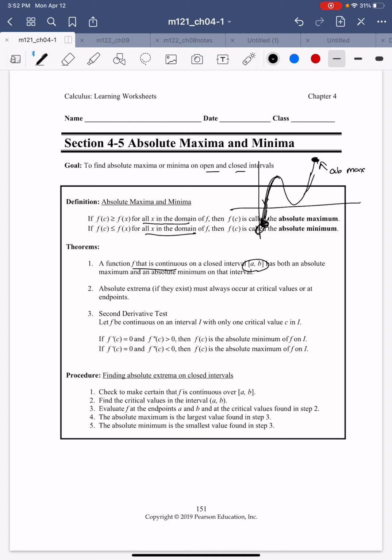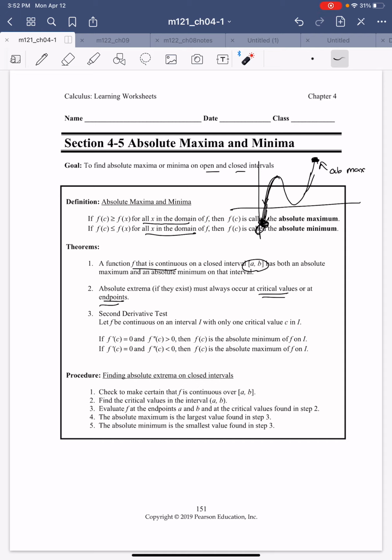Absolute extrema, if they exist, must always occur at the critical or end point. In the past, we didn't care about the end point. Now we have to consider that the extrema can occur at a critical value in the interval or at the end point, because we saw an example where the absolute maximum occurs at the end point. So it's very important that you include the end point.